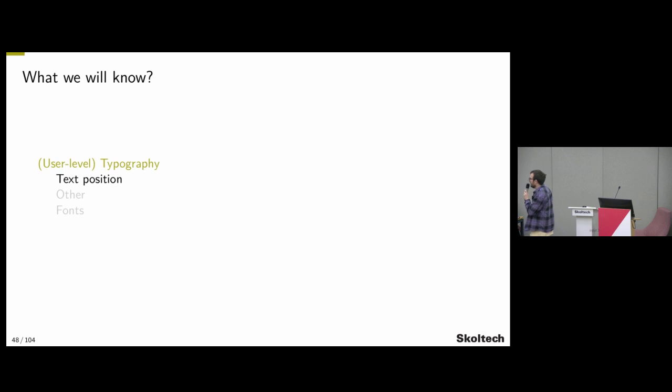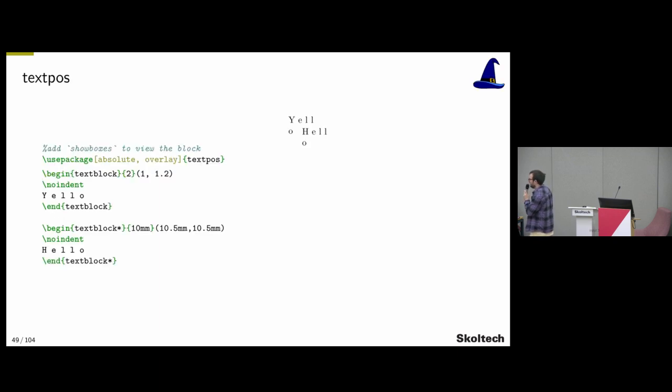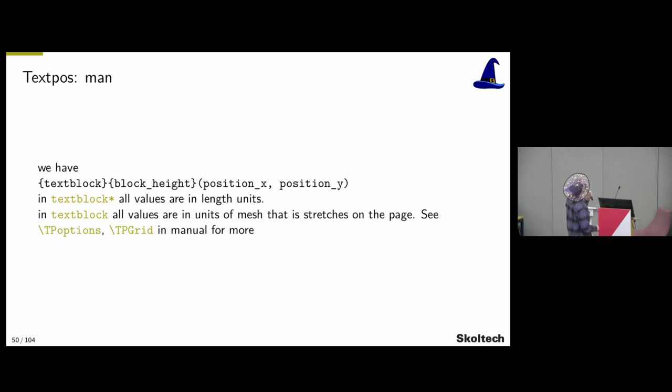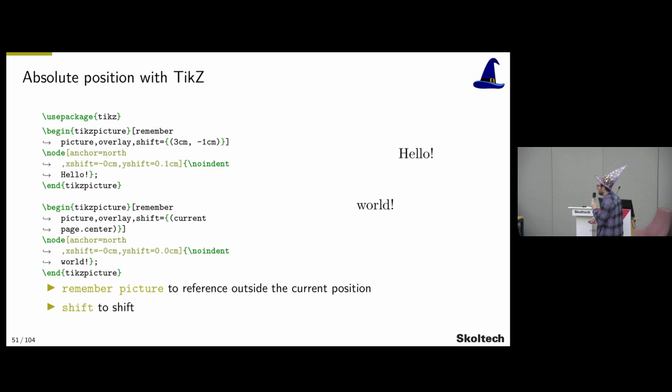Okay, first, text positions. You can use something like this to add indents and to set the position of text somewhere. You can use the textpos package and understand how it works if you want.